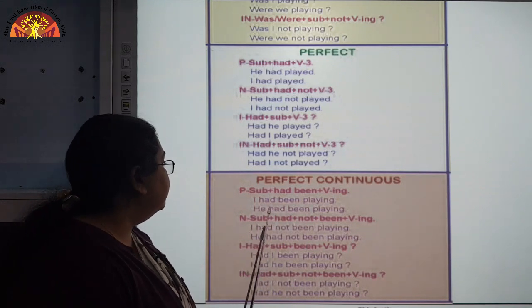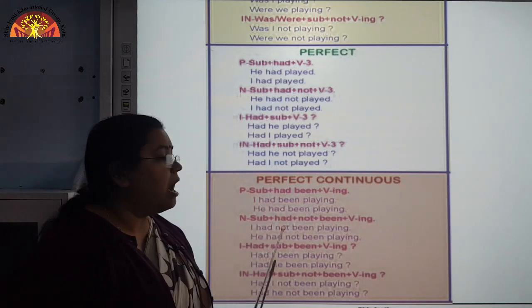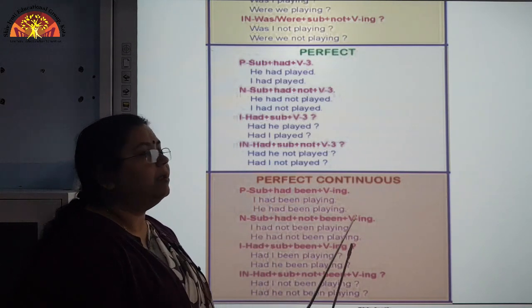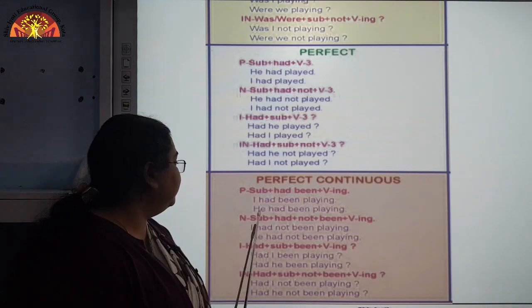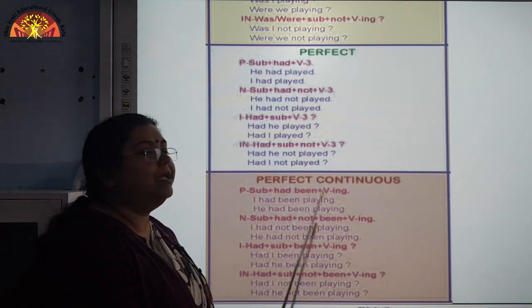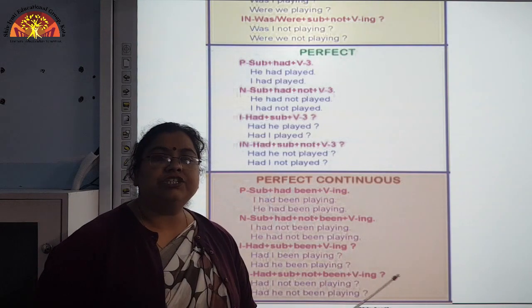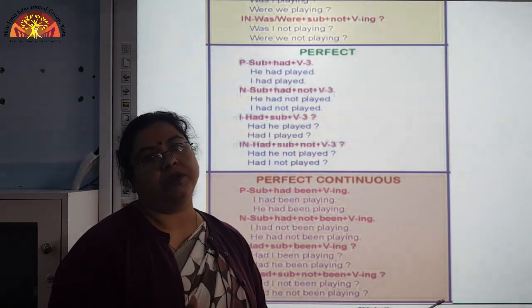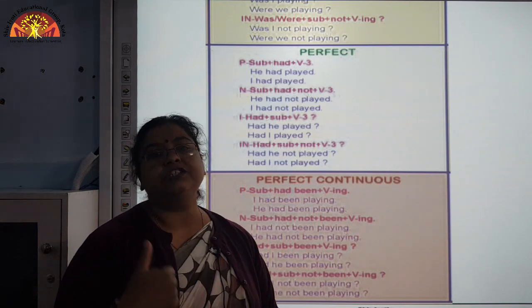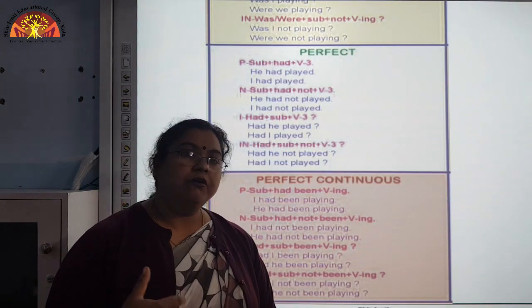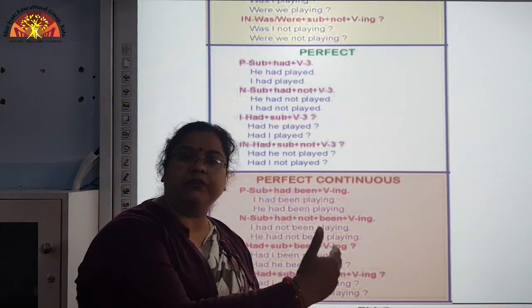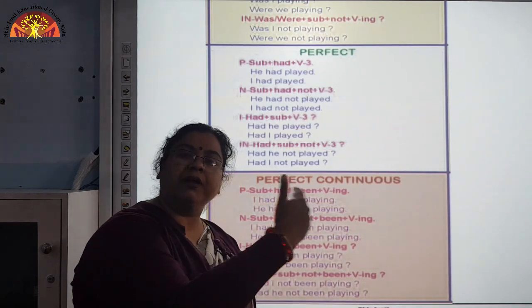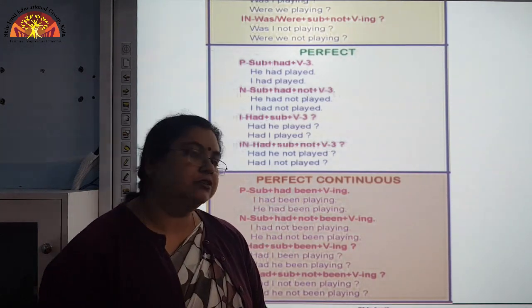So, the sentences will be: I had been playing, he had been playing. My mother had been cooking food when I reached home. She had been doing that action from a previous point of time.